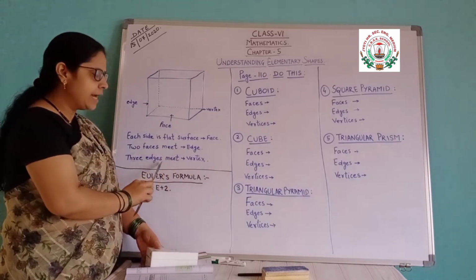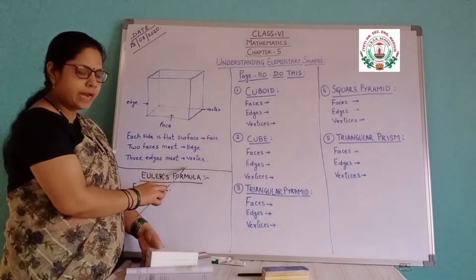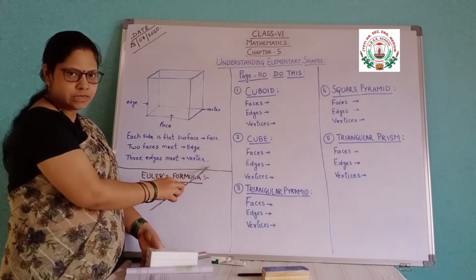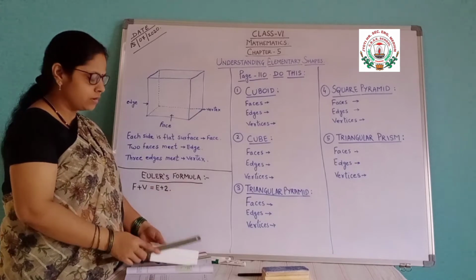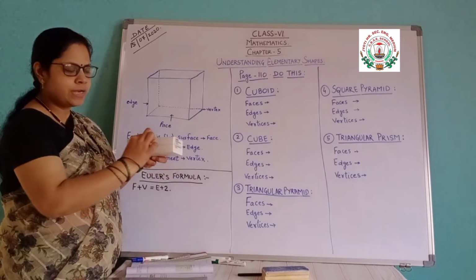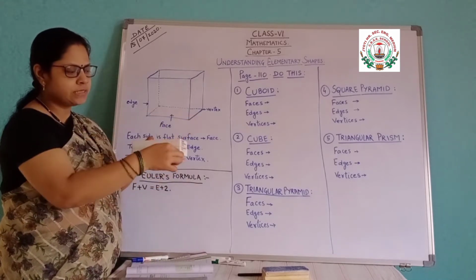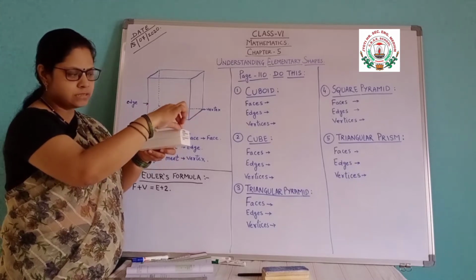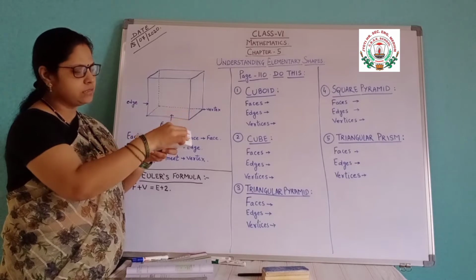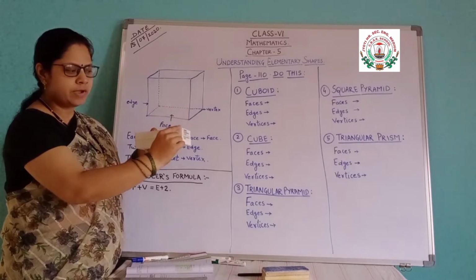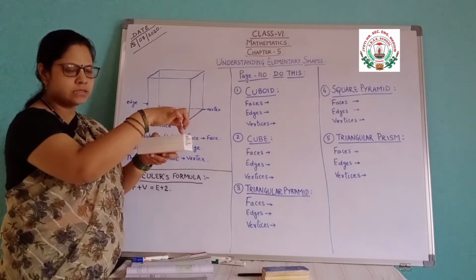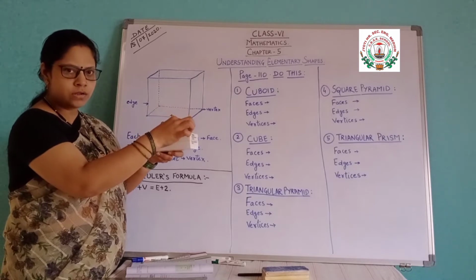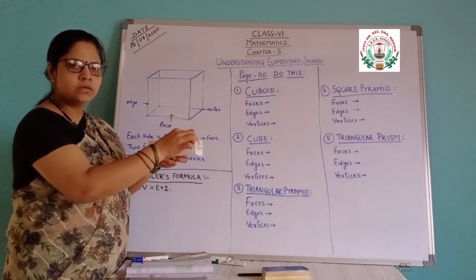And where three edges meet, that is called a vertex. Vertex is also called a corner. This is one edge, this is the second edge, and this is the third edge. This is the corner. At this corner, these three edges are meeting. So this corner is called a vertex.